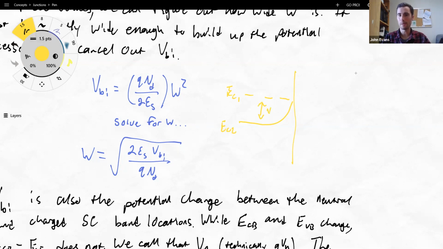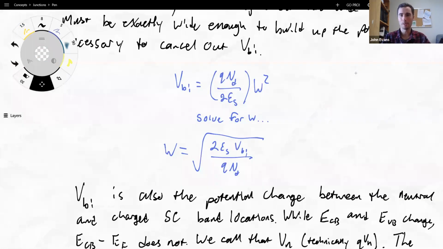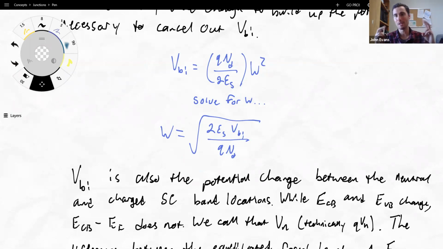And this difference here is VBI, right? So it's a pretty important parameter. And you might have noticed that with our terminology, that is the built-in voltage of our system, that it'll be pretty important for constructing devices later on. And it's a good consideration for figuring out like, well, what materials do I put where? What would their built-in voltage be? Do I want a high voltage, a low voltage, that sort of thing.